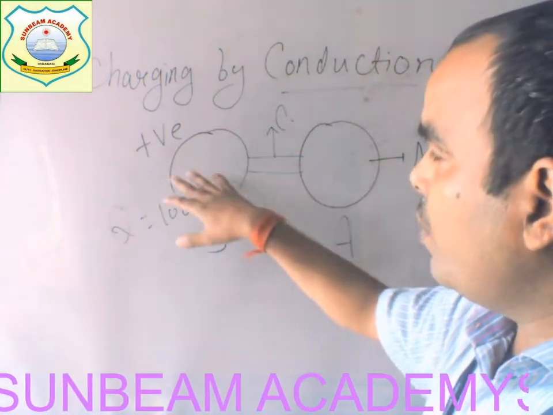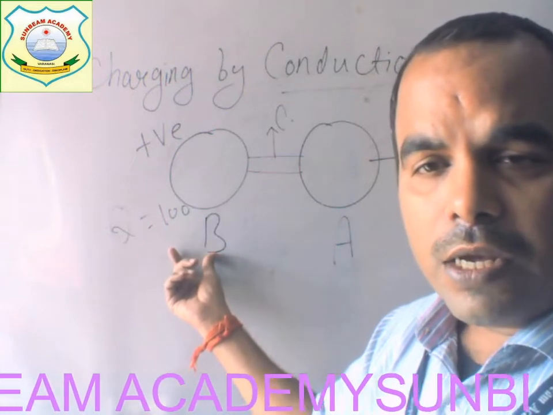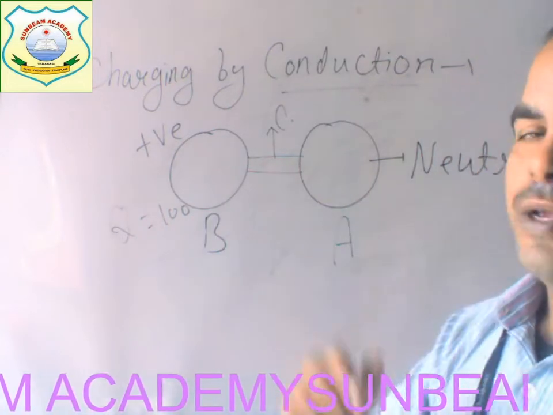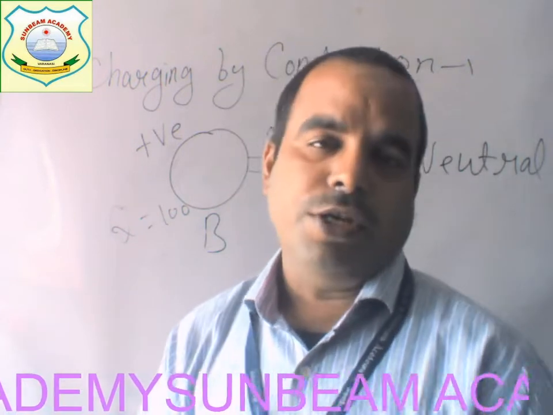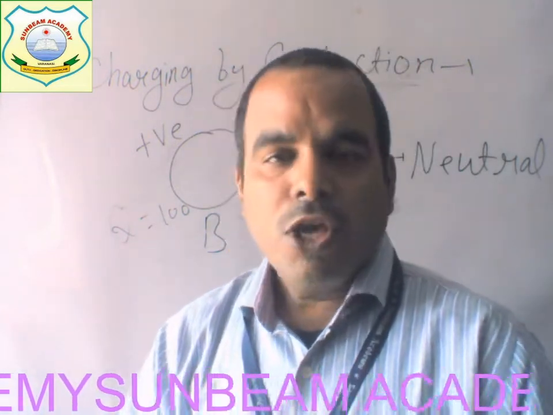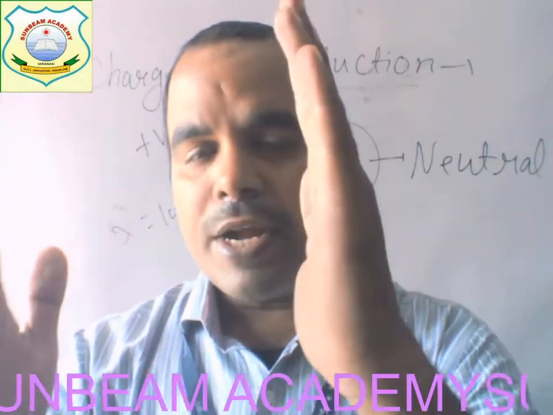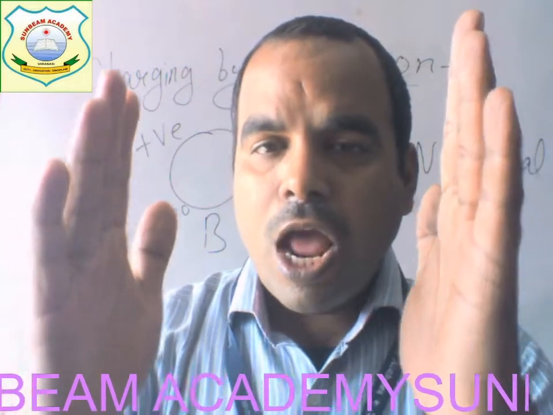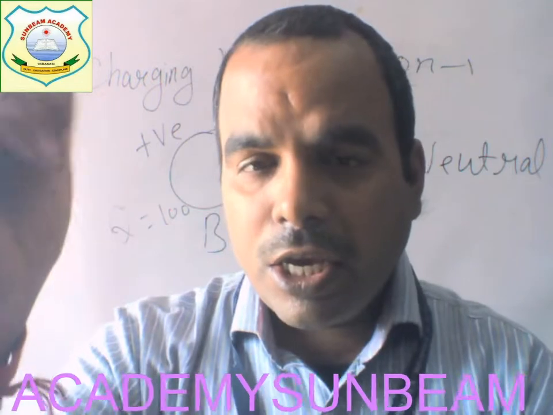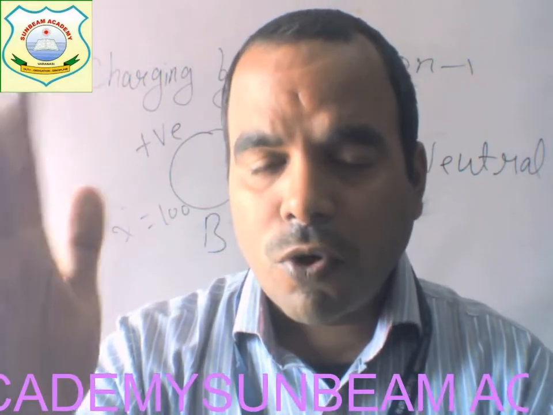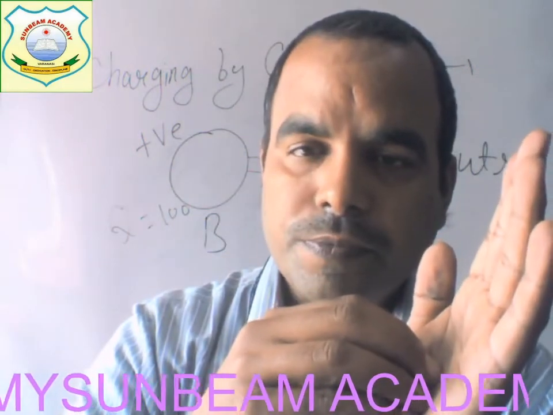The charges will start to flow from object B to object A. Just like heat: if this hand is very hot and this hand is very cool, and you touch them, what will happen? The heat will start to flow from the higher temperature to the lower temperature.